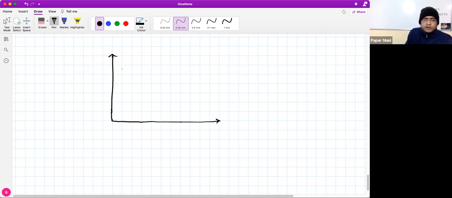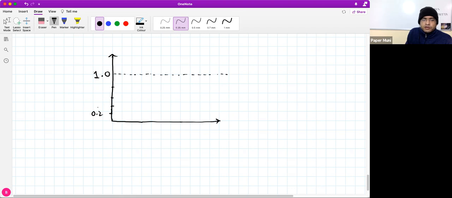This is the value you have for T equal to 1. This is the T equal to 1 line. Now let's divide this into a few parts. This might not be to scale, so don't need to worry about it.